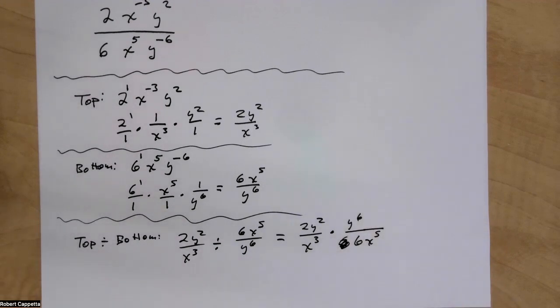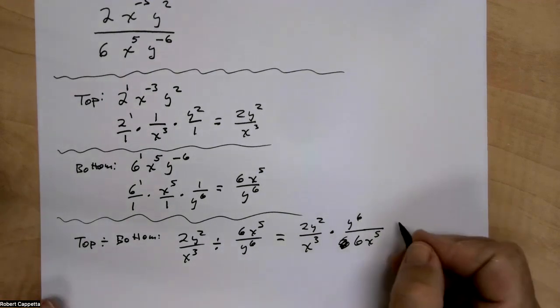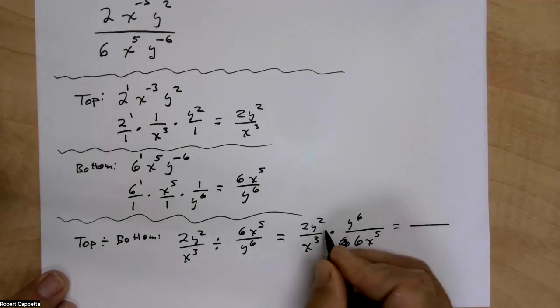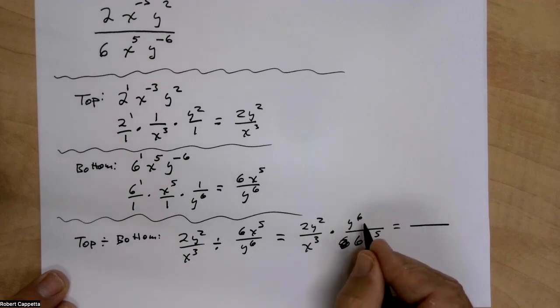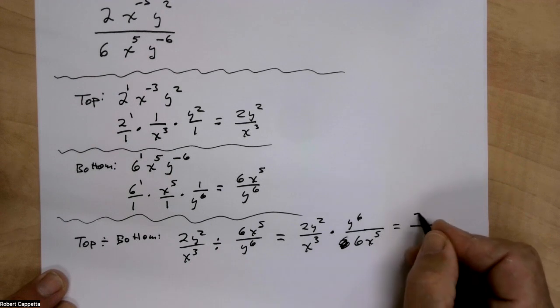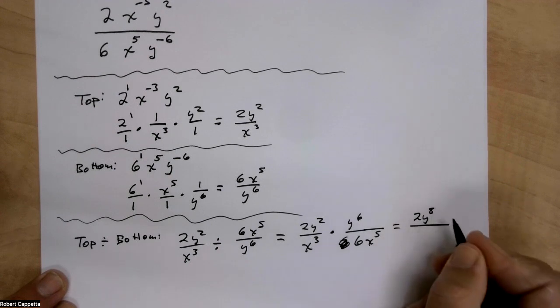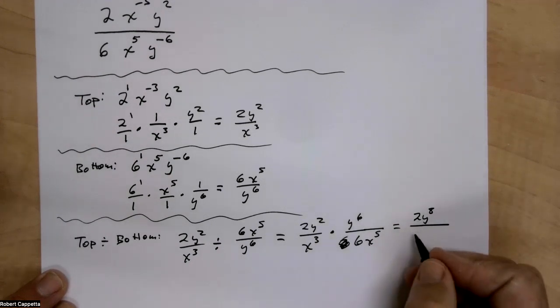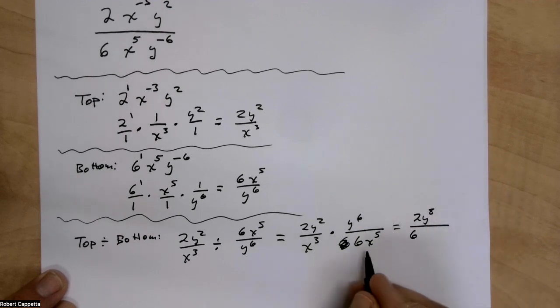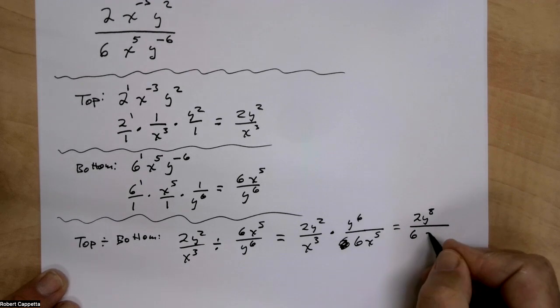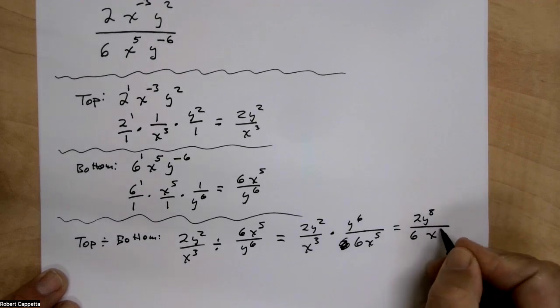Now, what does that give me? Where are we? What do we have? Upstairs, 2y to the 2nd times y to the 6th, 2y to the 8th upstairs. Downstairs, 6x to the 8th.